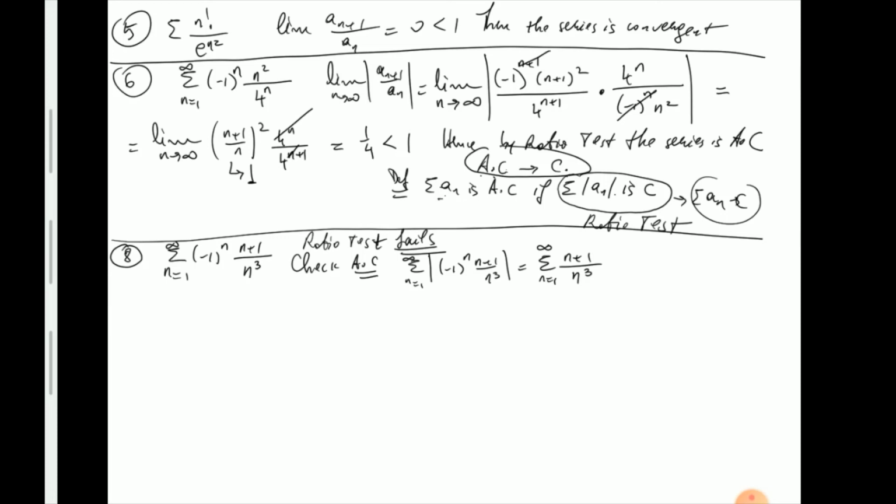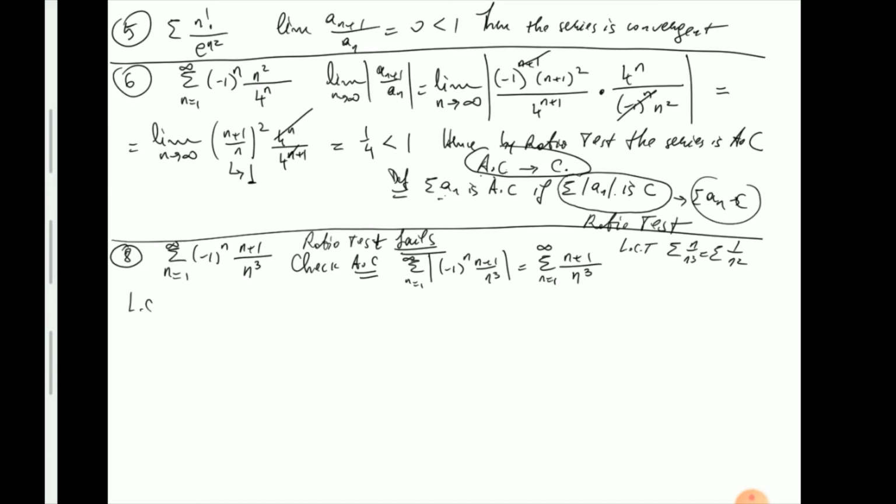Now, from this point on, it's important to keep in mind what you're looking at. It's not the original series, it's the one with the absolute values. And we check to see if it's convergent, because if it is, then we have absolute convergence, which implies convergence of the original one. So here we cannot use the ratio test, but we can use the limit comparison test with the series made of the dominating terms, which is 1 over n squared.